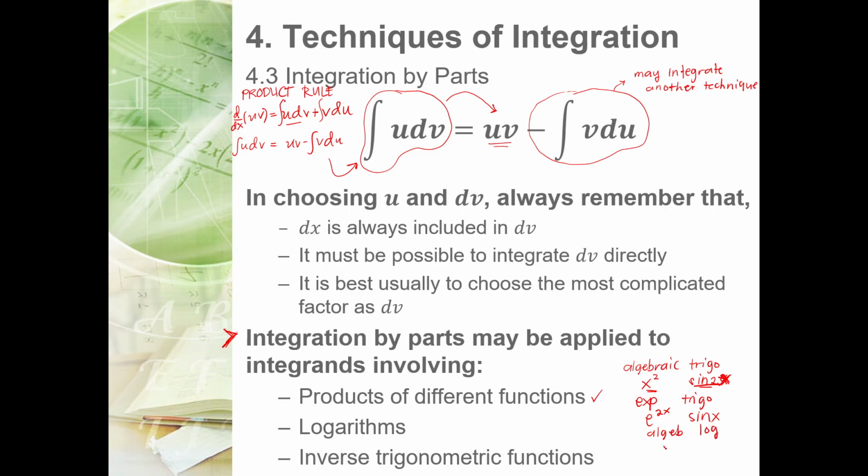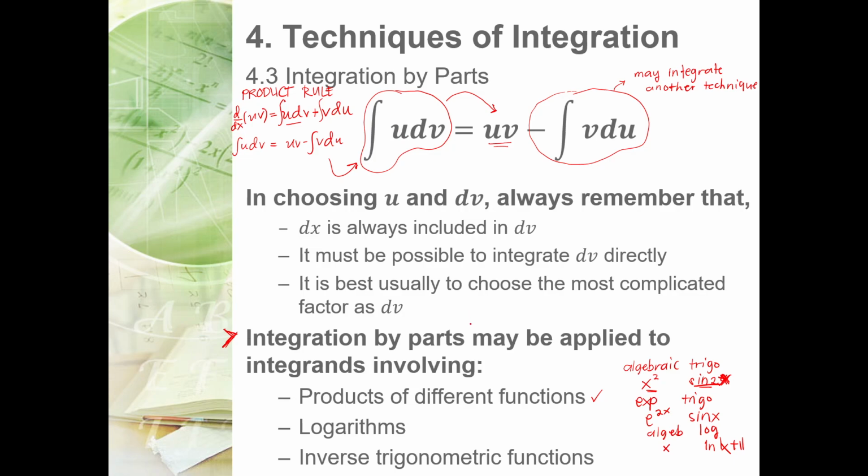That will be, let's say, x, then ln of x plus 1. As long as you have two different functions, you may use integration by parts in the process.